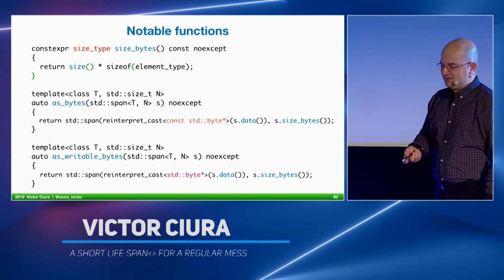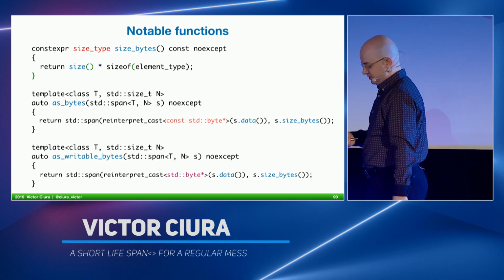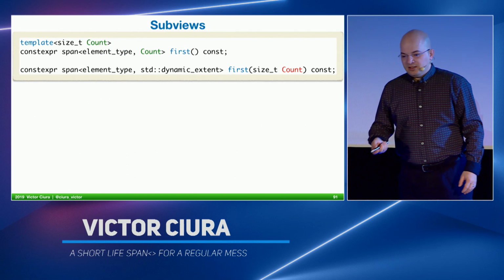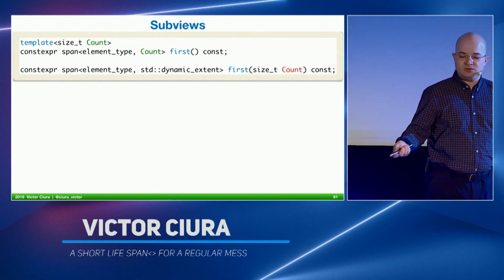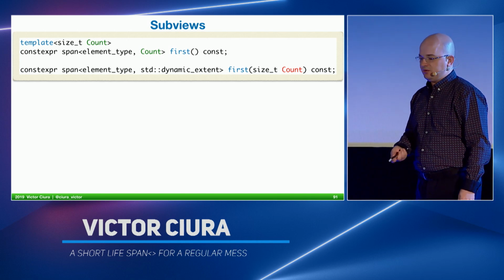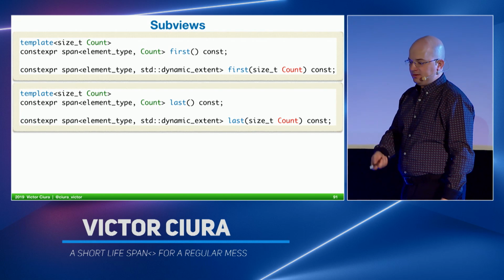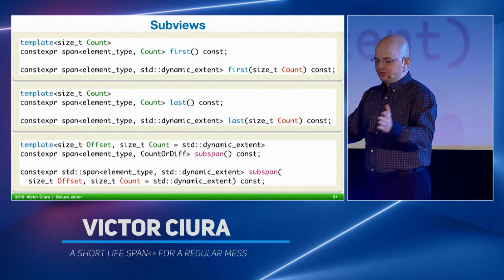Some people don't like the fact that this encourages this reinterpretation of the underlying buffer to bytes. The usual suspects, just as with string view, we had convenience things. With span, we have first, last elements. We can get a subspan, so we can narrow the view into our buffer.